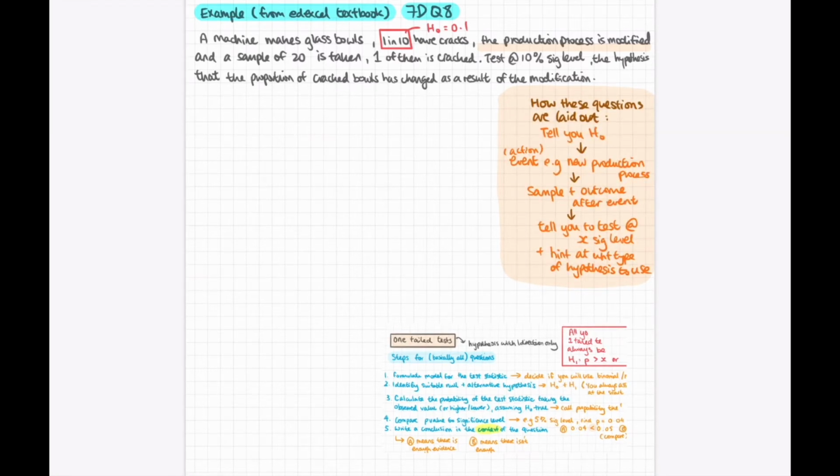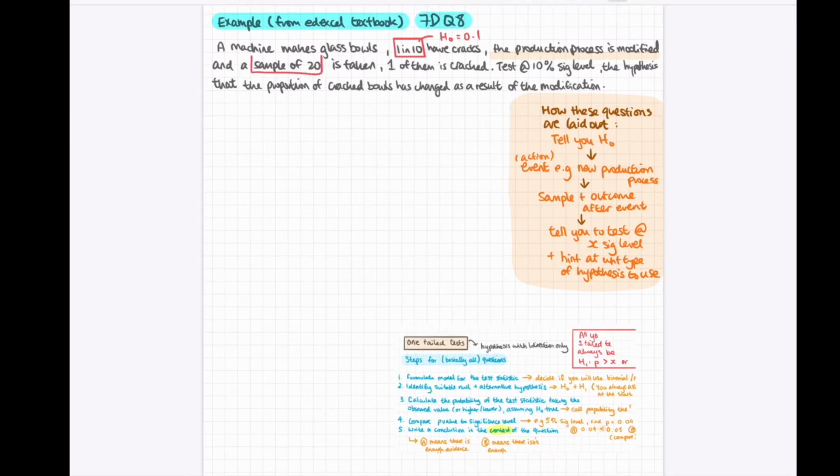Okay, so that's just a quick idea. I thought it's good to know roughly what these questions look like before you do it. So 1 in 10, we've got the null hypothesis, and then we are told the sample. So this is a binomial. Sample of 20, so when you see sample, it's a hint to use the binomial distribution.